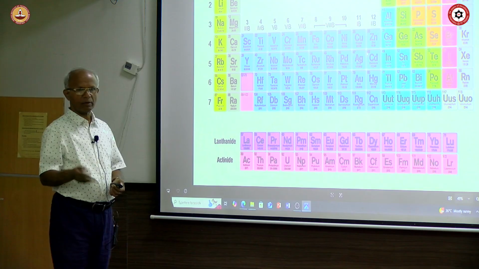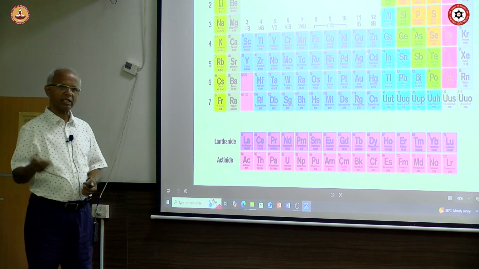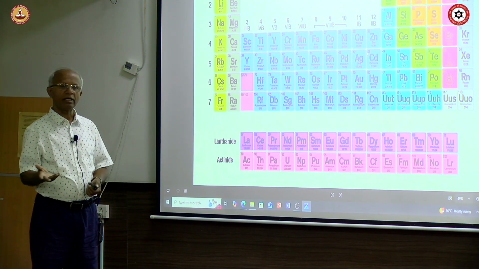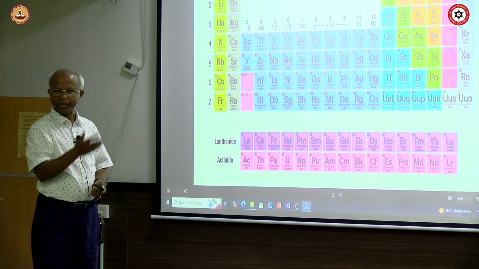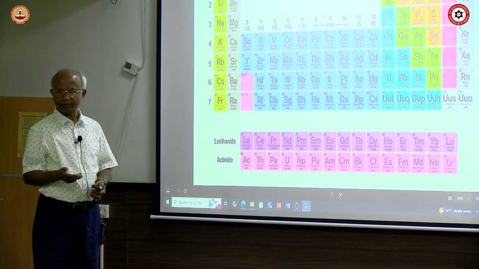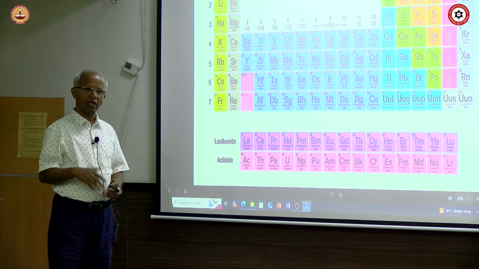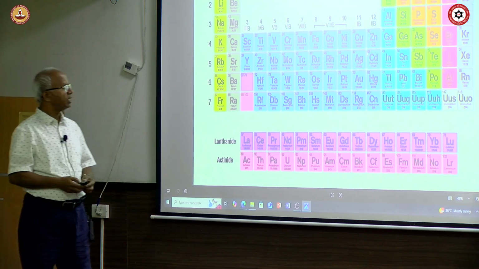From 1950 onwards only organometallic compounds came, so it's a non-classical coordination compound. Why do I call it classical and non-classical? Classical means mostly these are all done in aqueous medium, protic solvents. But organometallic compounds are done in non-aqueous medium. So that is one big difference, right?